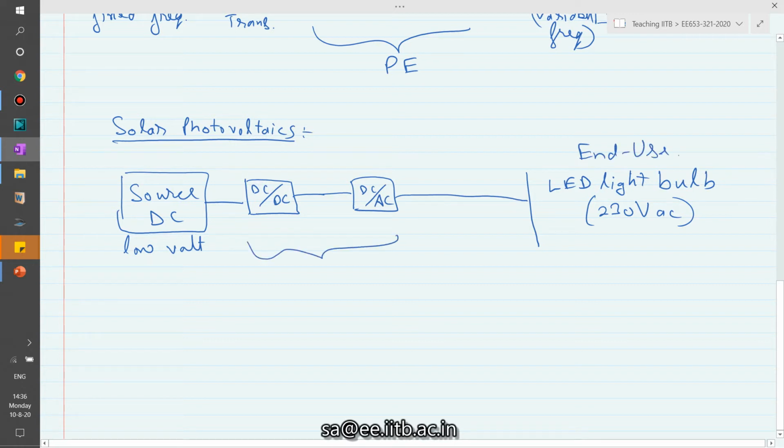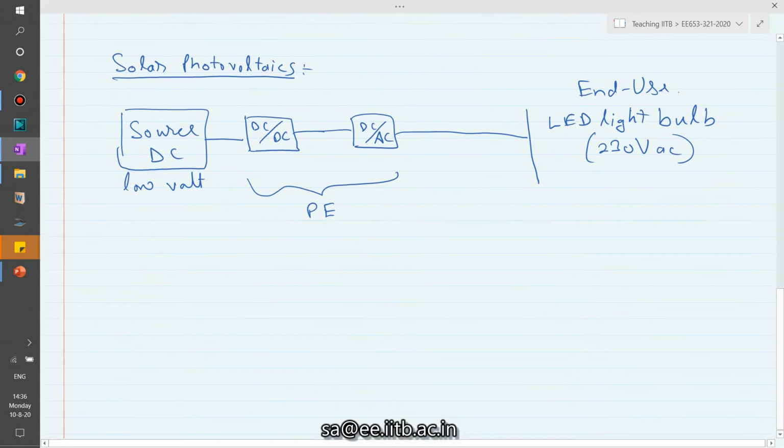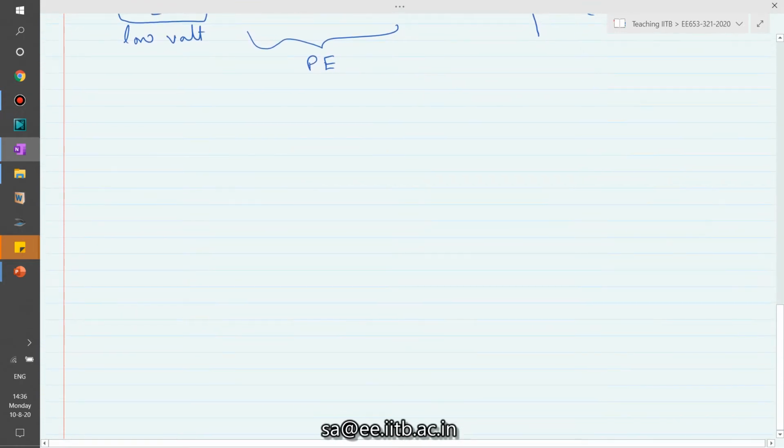Again, this is where power electronics comes into action. So from these three examples, you can see that power electronics is mainly concerned with converting one level of DC voltage to another level of DC voltage, AC voltage into DC voltage, and DC voltage to AC voltage.